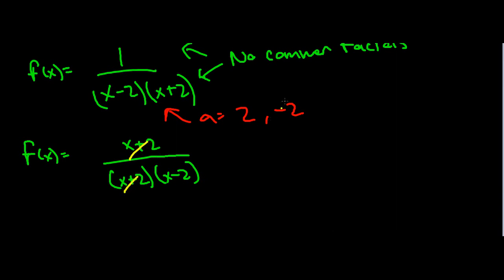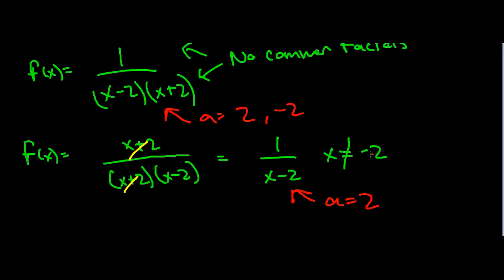We can cancel these out and write this as equal to 1 over x minus 2. x cannot be equal to negative 2. And we have no more common factors between the top and the bottom, and we have an a equal to 2 that will give us a 0 in the denominator. So this has one vertical asymptote at x equal to 2.